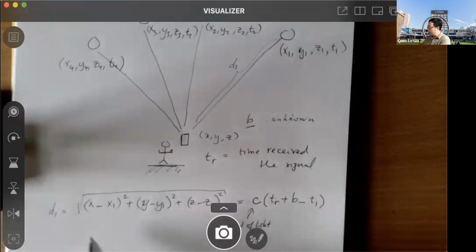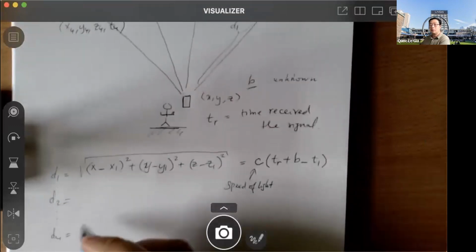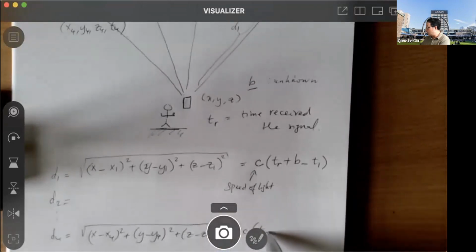And you see now you have 4 equations. So you have D1, then D2, and up to D4, right? D4 will be the square root of (x minus x4) squared plus (y minus y4) squared plus (z minus z4) squared, equals c times (tr plus b minus t4).